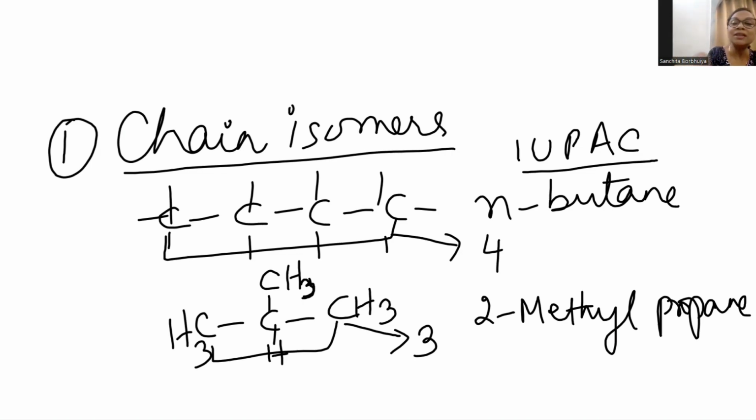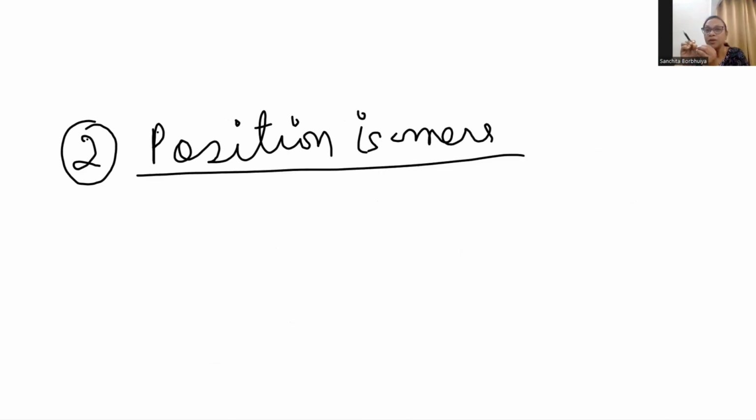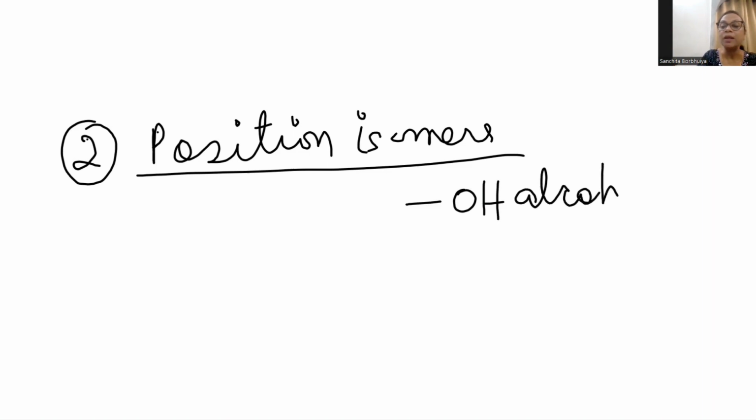Going on to the next isomer, which is position isomers. Position isomers are with reference to a functionality. What do I mean by a functionality? The OH group represents an alcoholic group.